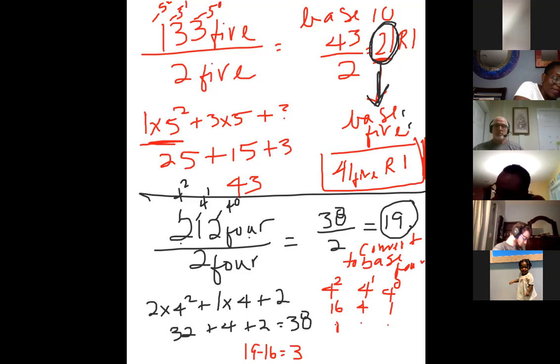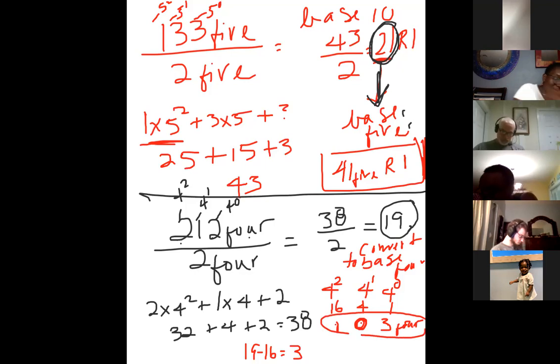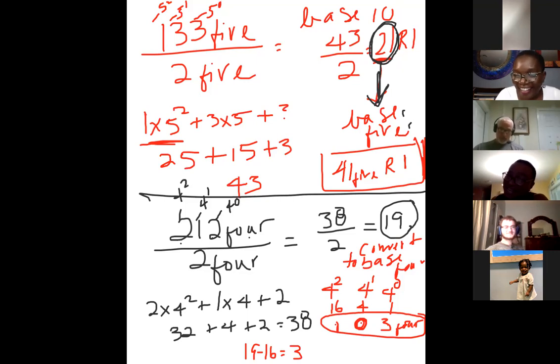Obviously 3 is less than 4, so we don't need the 4, and we need 3 ones. So to create 19, we need 16 plus 3. Here's the answer in base 4, everybody. There you go. Oh, that was so easy. I'm glad you think so, Carl. I was just playing.